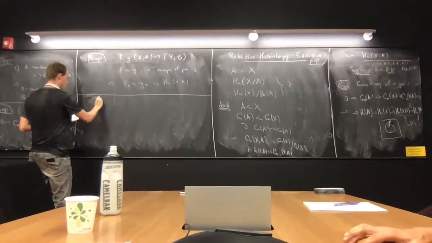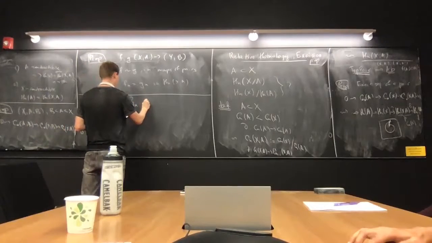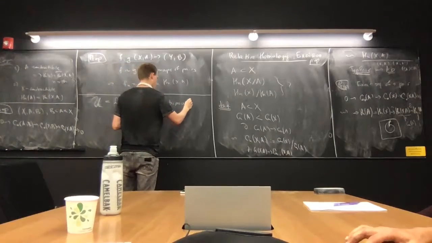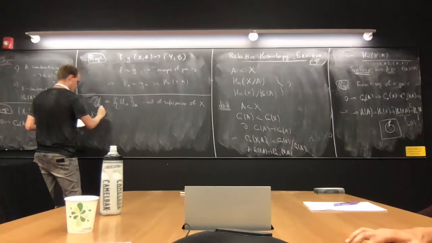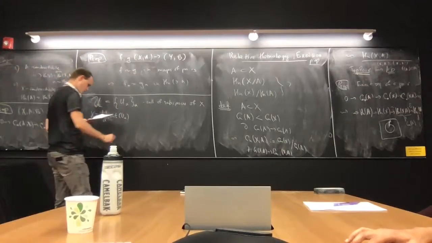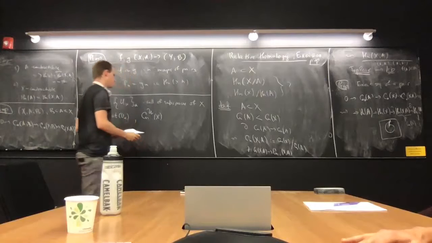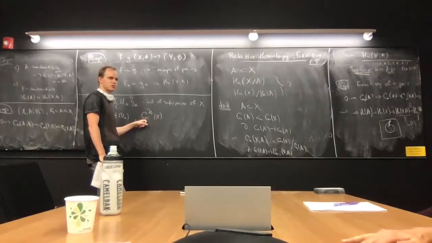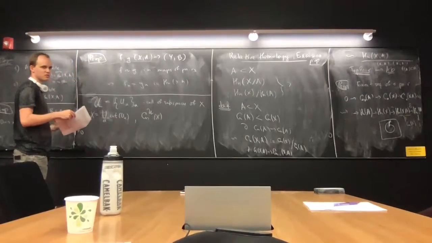Let curly U be some collection of subspaces, again they don't have to be open, of X, such that the union of the interiors of these U alphas covers all of X. And let C_n^U(X), which should be self-explanatory, be the set of chains such that the image of each simplex is contained in one of these sets. Okay, so you're not allowing simplices that are too big.